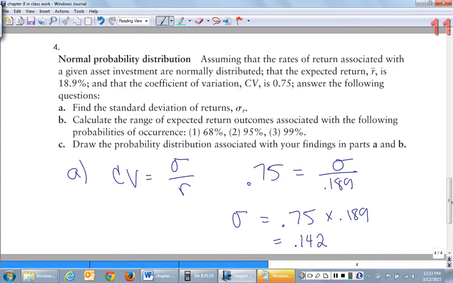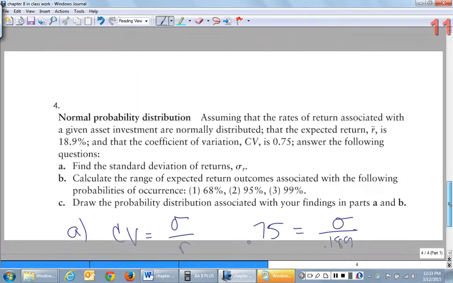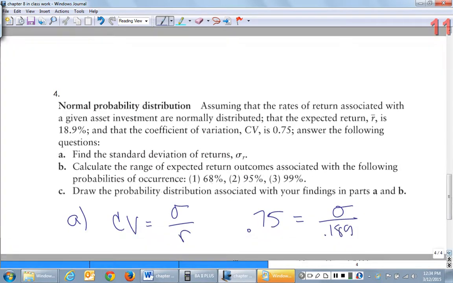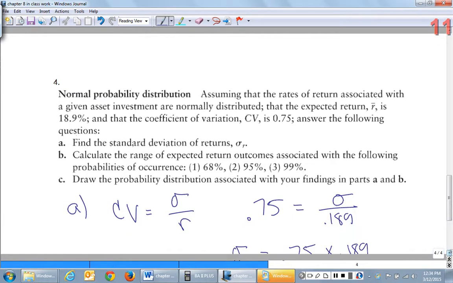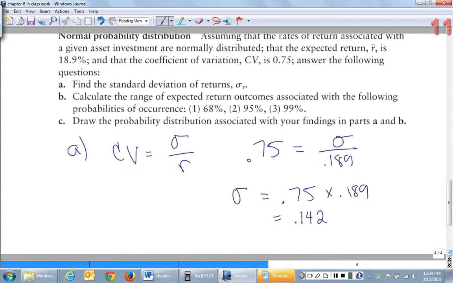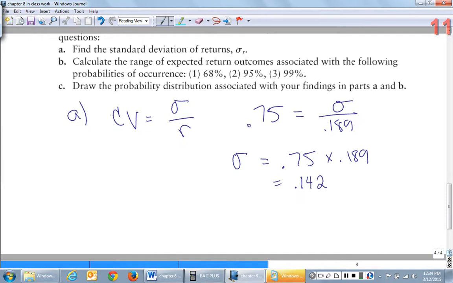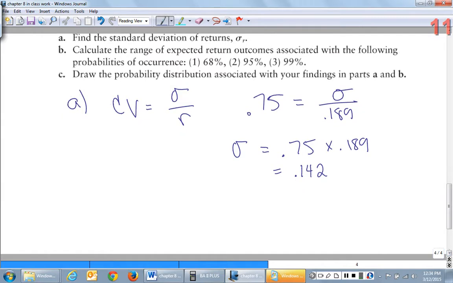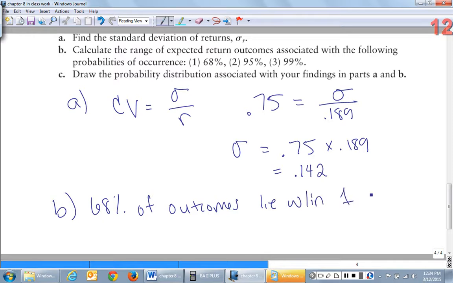So part B asks to calculate the range of expected returns for different probabilities of occurrence. First, calculate the range if we want to be 68% certain that our answer is correct. 68% of outcomes lie within 1 standard deviation of the expected return.